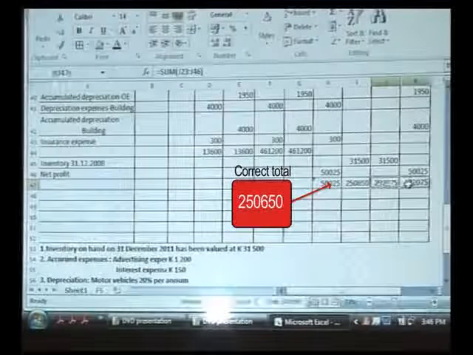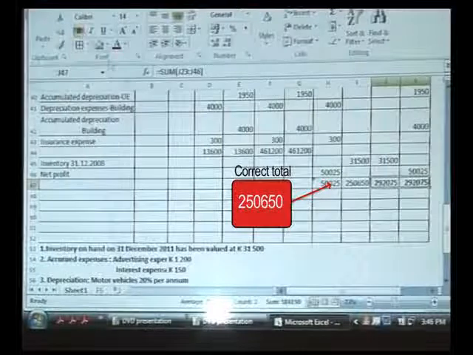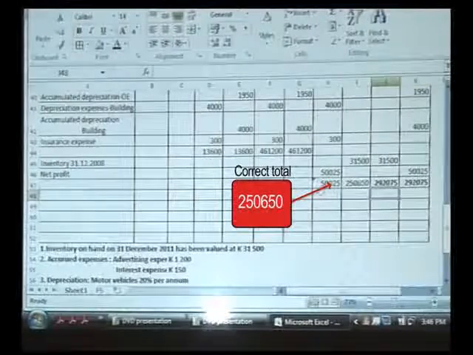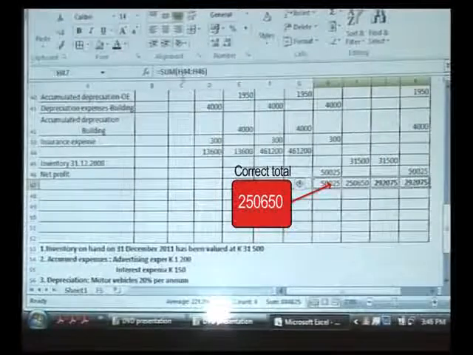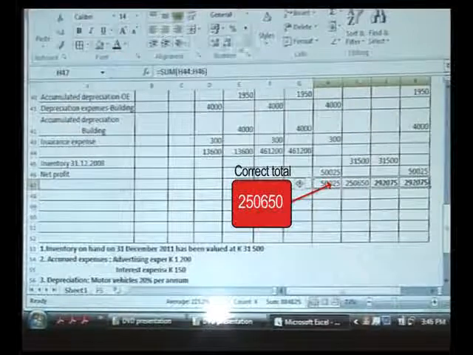Same total. So that means we made all the entries correctly. Double line here.